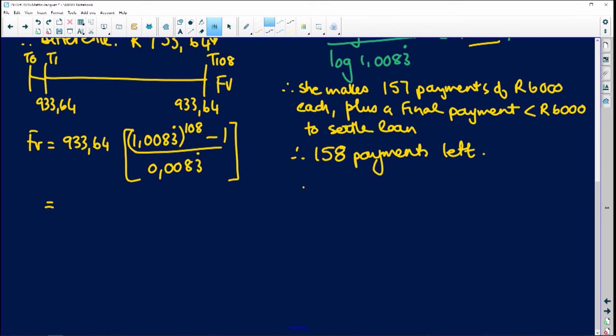No financial institution works like that. And if she accepted that, then she was done in. So they've got to give her money back with interest. So if we calculate this amount, she can get 162,503 Rand and 51 cents to fund her daughter's university studies.